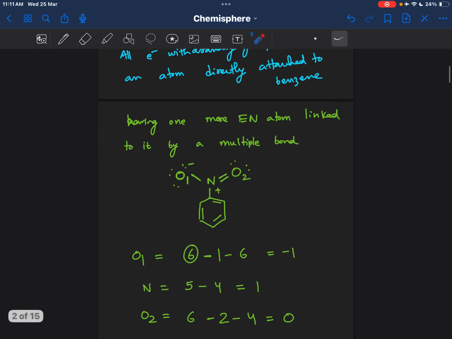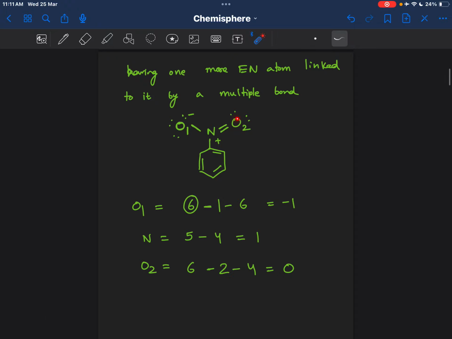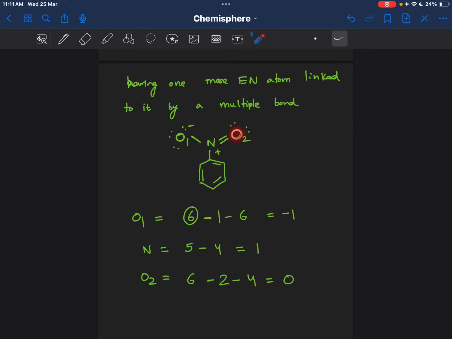Now, because of the presence of this more electronegative atom, it pulls the electrons of the multiple bond towards itself. This oxygen is more electronegative, so it pulls these pi electrons towards itself, due to which these electrons are withdrawn from the benzene ring, decreasing the electron density.